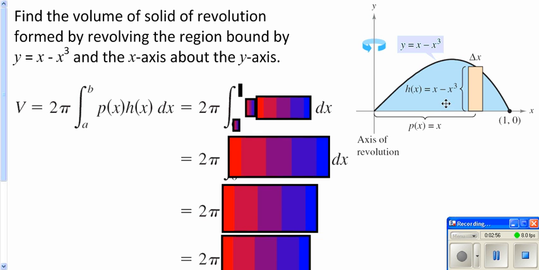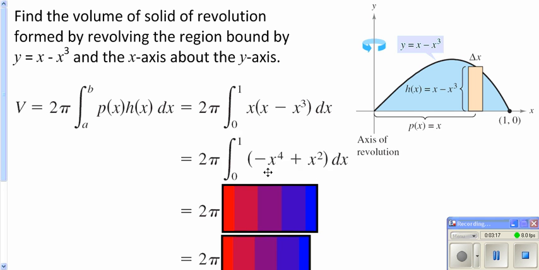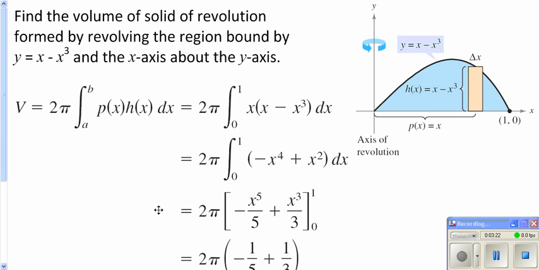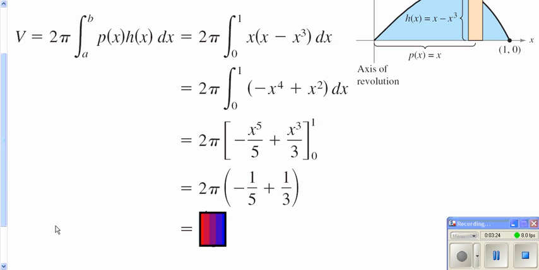We're going to integrate with respect to x, so we're going to go from 0 to 1 of your radius, which is how far out this is, which is just x, times your height, which is just the height of your function, which is x minus x cubed. All we're going to do is integrate this, so we'll distribute through our x, integrate each piece, evaluate that, and get our answer being 4 pi over 15.